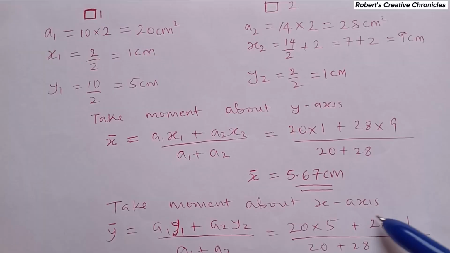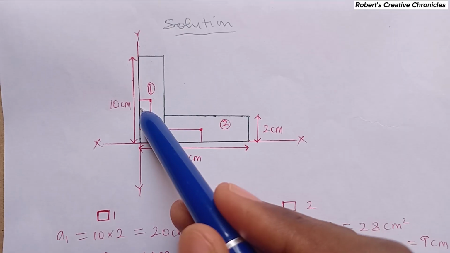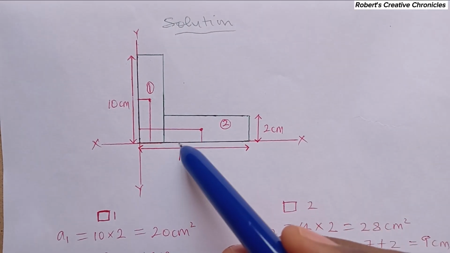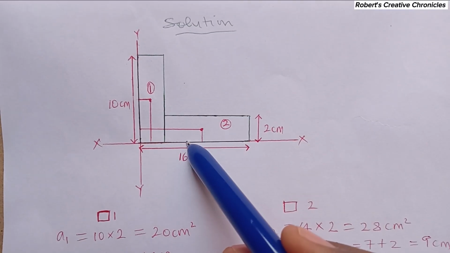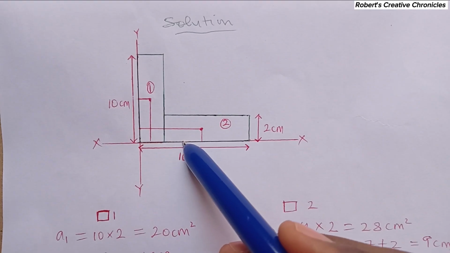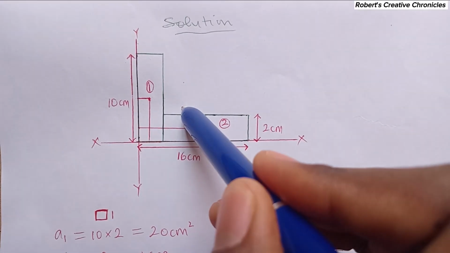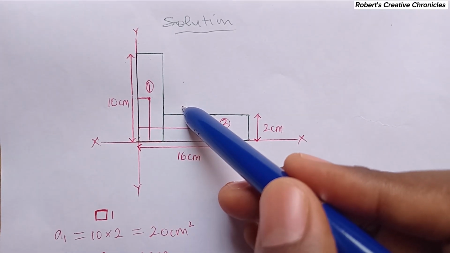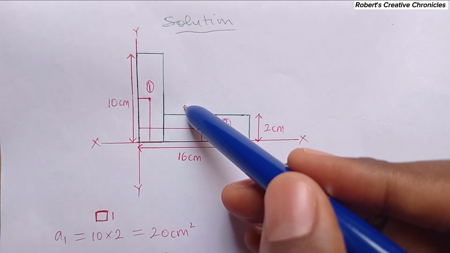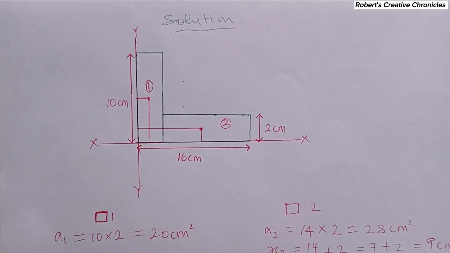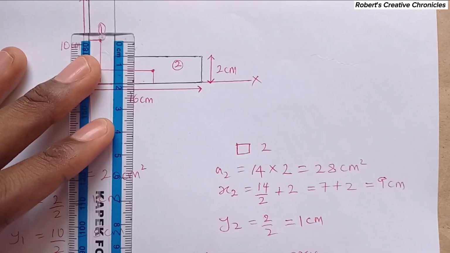So since this is 2.67, the center of gravity will be somewhere here, at this point. This is where the center of gravity will be located. So we have successfully found the center of gravity.